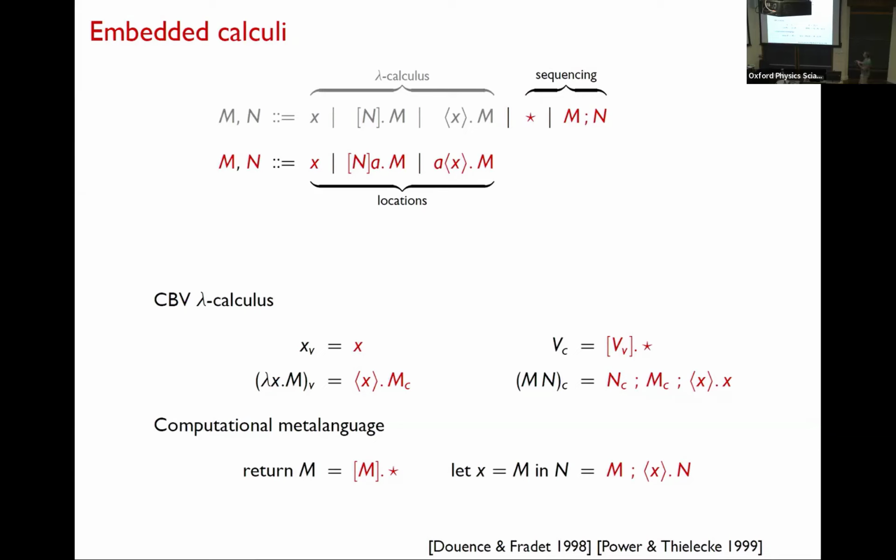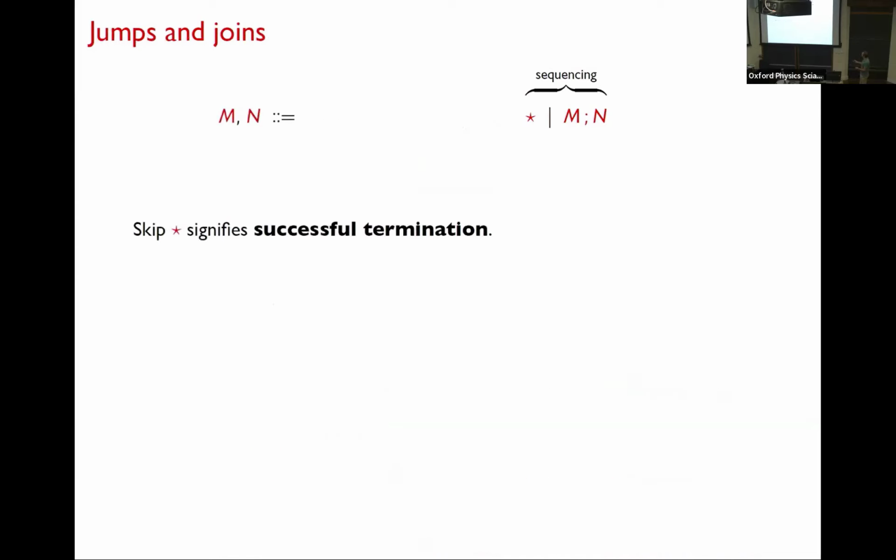And you can start to see some similarities with call by value and how these things can be considered to fit together. So here's the new thing. We have introduced two new aspects to lambda calculus: imperative skip and sequencing.